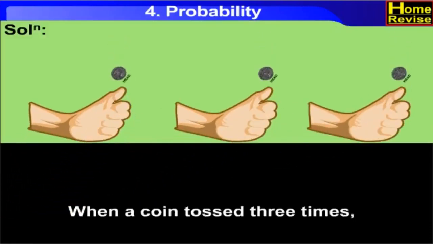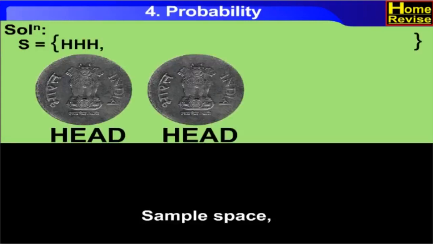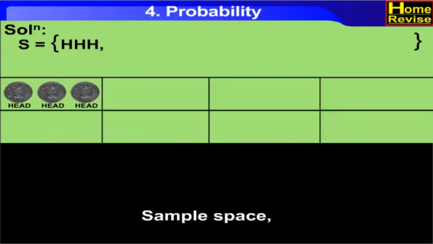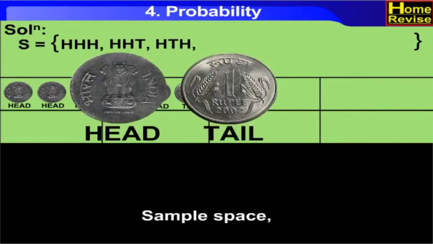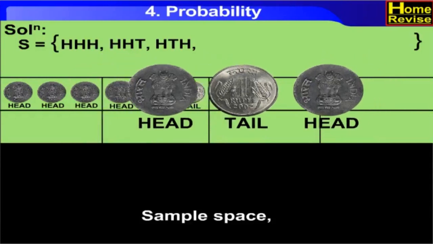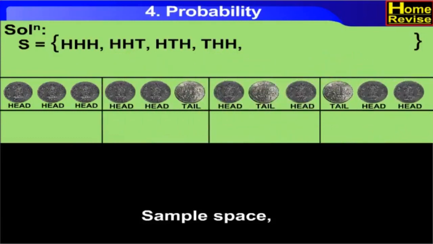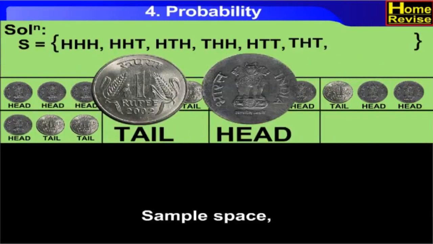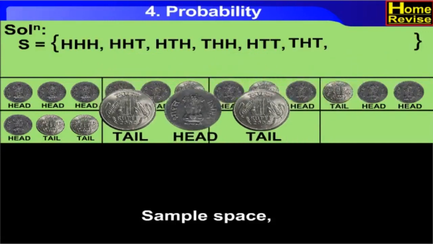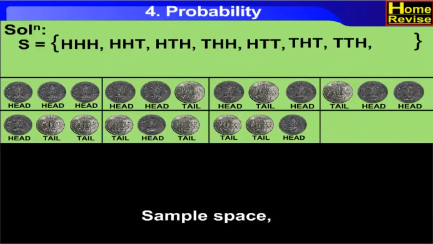When a coin is tossed 3 times, sample space S is equal to {HHH, HHT, HTH, THH, HTT, THT, TTH and TTT}.